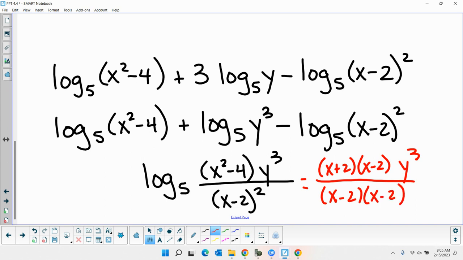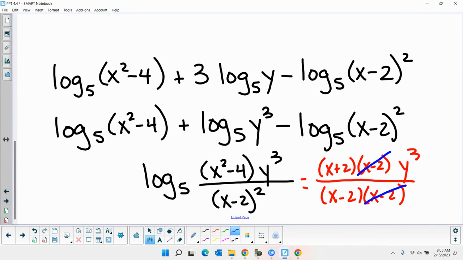You guys with me on that? So I factored the x squared minus 4, and I just wrote x minus 2 twice. That's what x minus 2 squared means, right? Now, are there any factors I can cancel? Yeah, there's a set of x minus 2's, right?